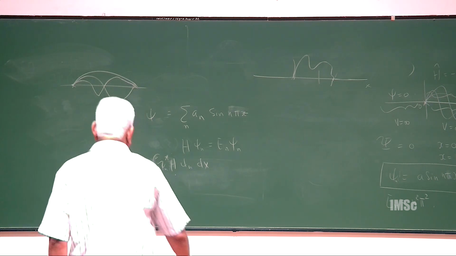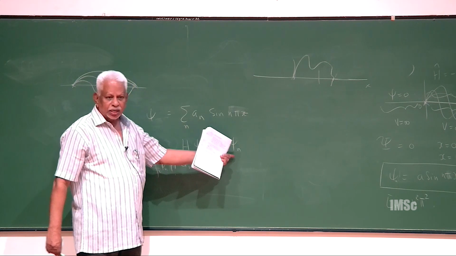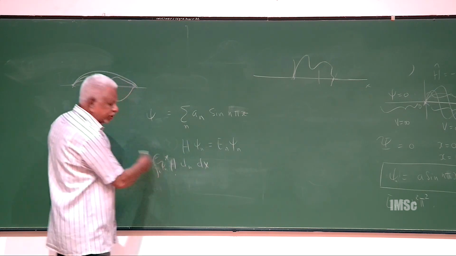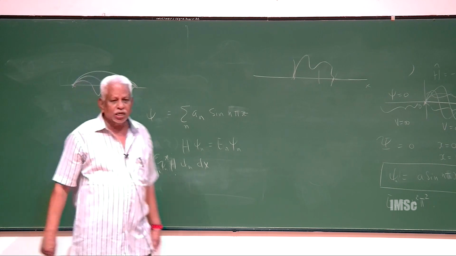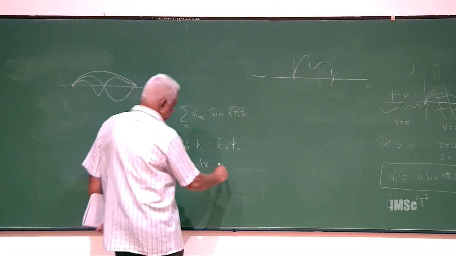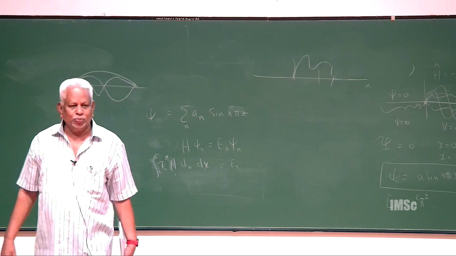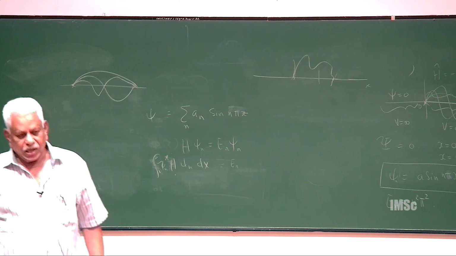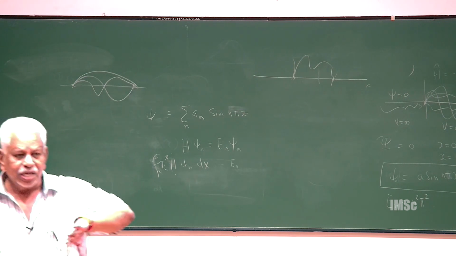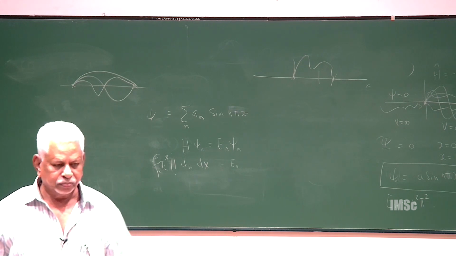What is it going to be? H acting on psi n is En psi n. En is a number, you can pull it out, and psi n star psi n integral is 1. So the answer is En. The expectation value of the Hamiltonian in the eigenstate is simply the energy eigenvalue.